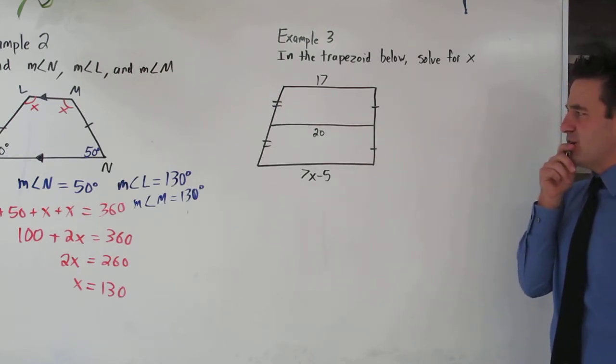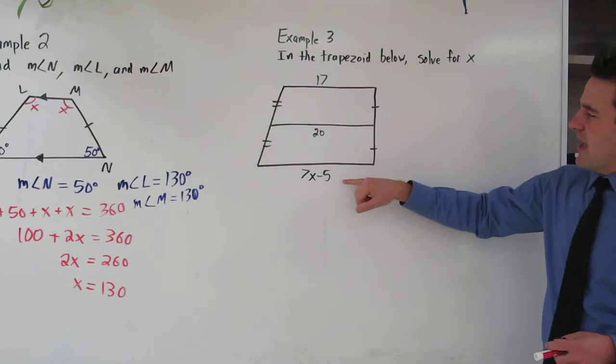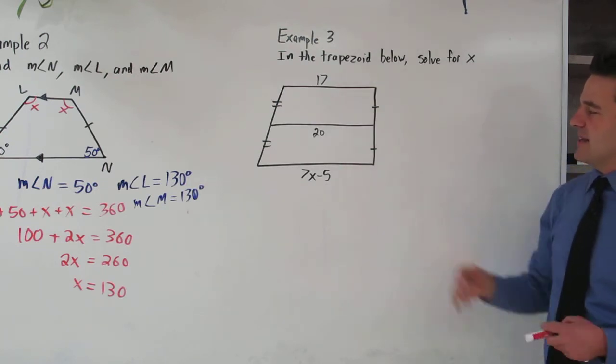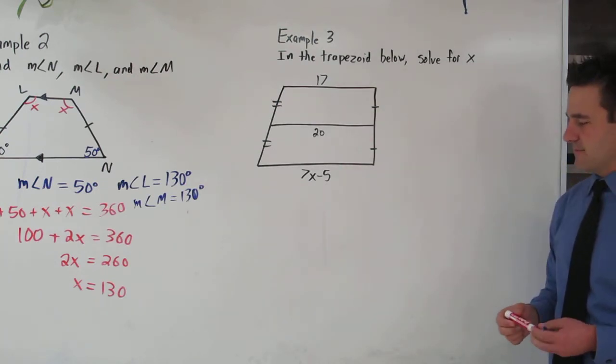So right now we know the average between whatever these two side lengths is 20. Here's what we're doing.